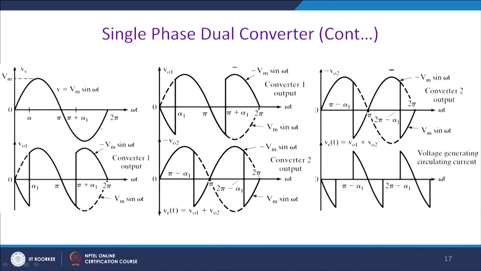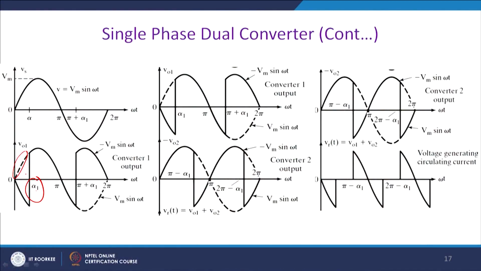So, what happens in the first mode? Let us assume that this is the input voltage and essentially you have chopped this voltage, and since it is a full control operation you get this kind of waveform. Similarly, you feed the same voltage, and the logic of triggering of this dual converter is that if you trigger one converter at alpha, the other converter is required to trigger at pi minus alpha.